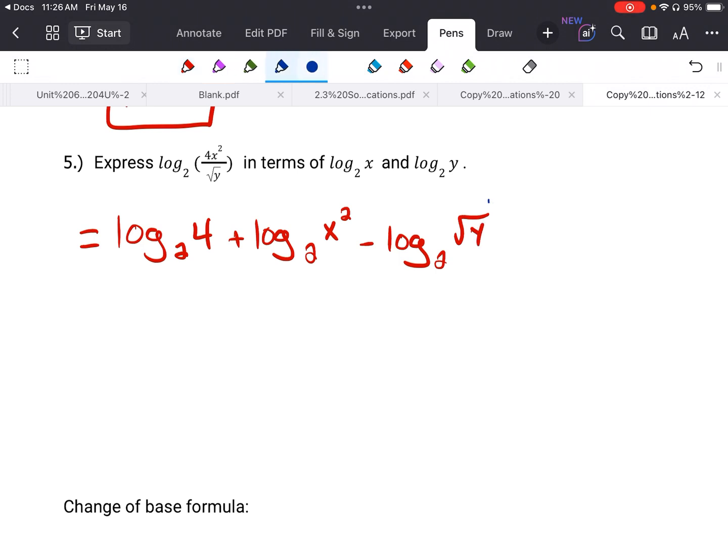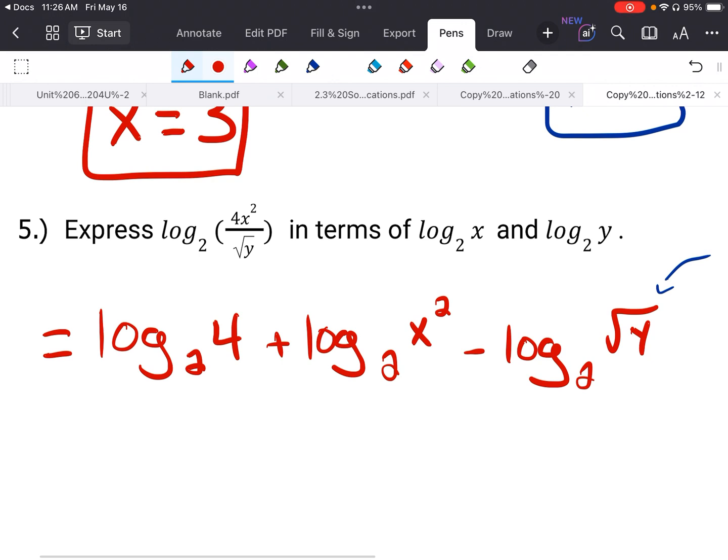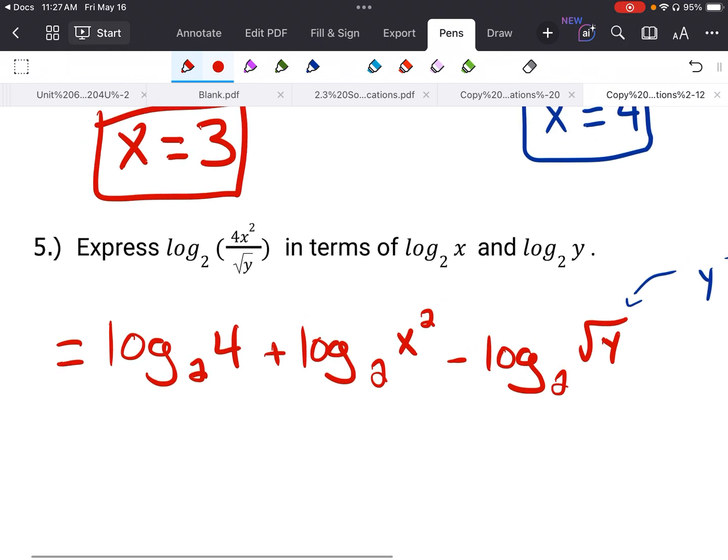And we know that the square root of y is really y to the power 1/2. Okay, so if you don't quite understand, our numerator is 4 times x squared. So that's law 1, where we separate the multiplying into 4 and x squared, and we're adding them. And then we have it divided by, which is the minus that we see in what we've drawn here. And we're minusing the square root of y.